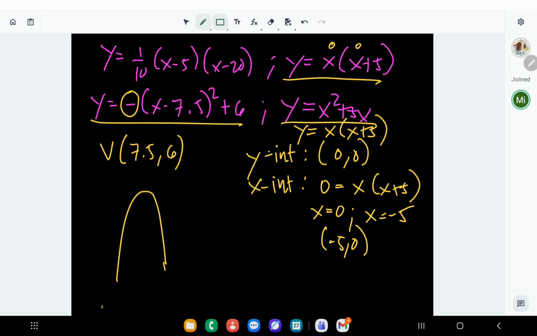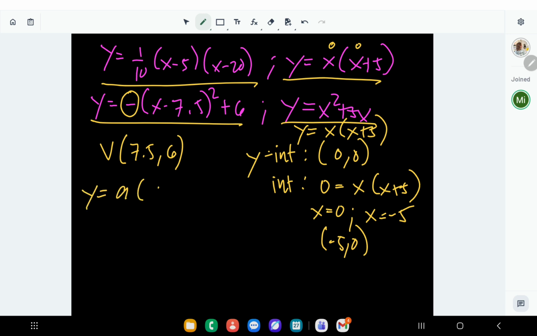Let's try the other one, the first function. Y equals 1 over 10 times (x minus 5)(x minus 20). Okay, for factored form, this is in the form y equals a times (x minus p)(x minus q).